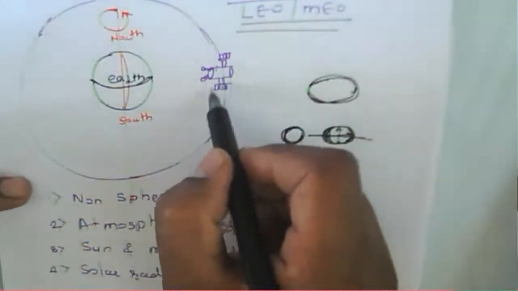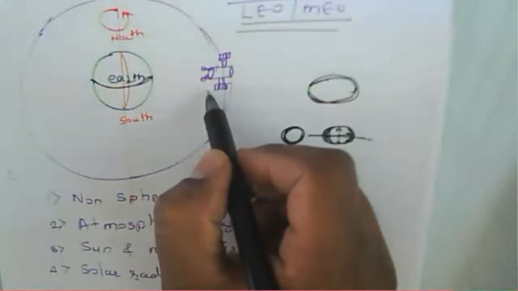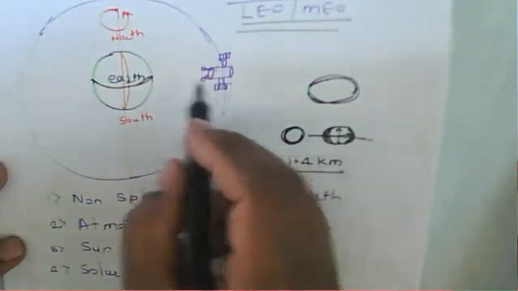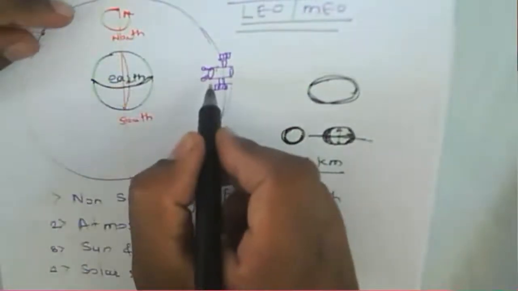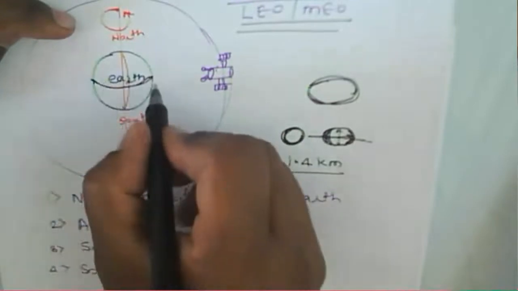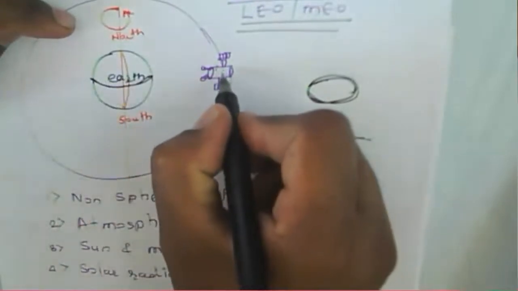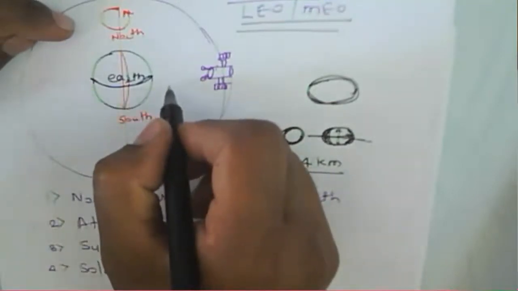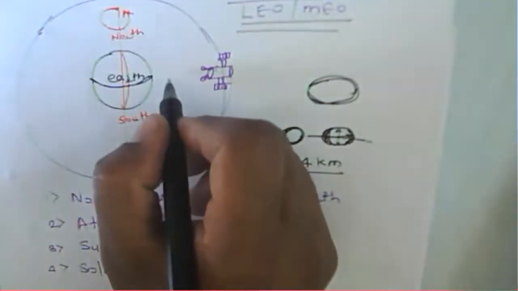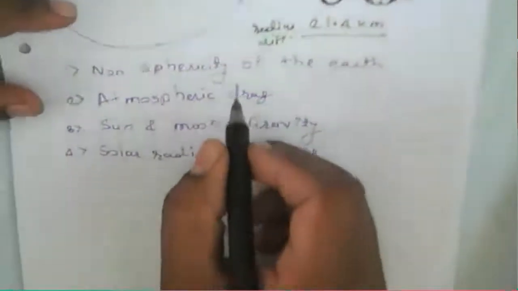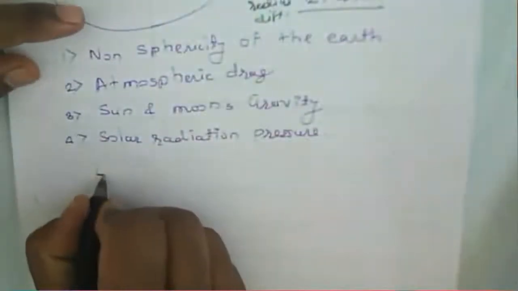So we need a correction for the rotation of the satellite from east to west. Okay, so we need to rotate from east to west. That rotation of the satellite from east to west, that is nothing but the position of the satellite from the Earth. We say it is nothing but east to west station keeping. That is called east to west station keeping.